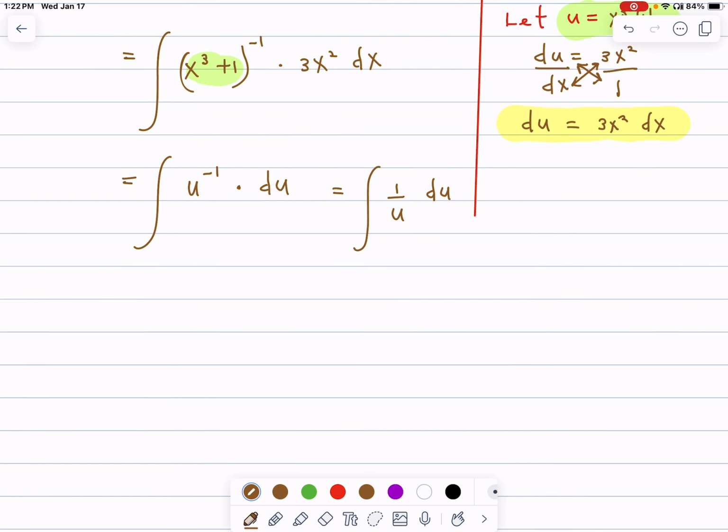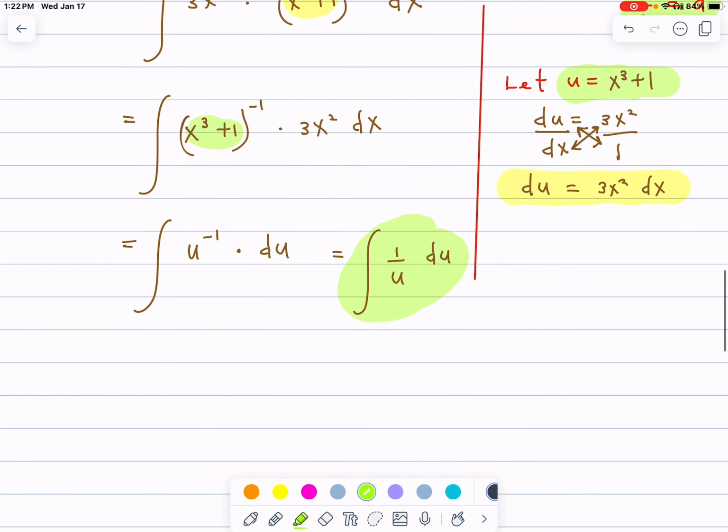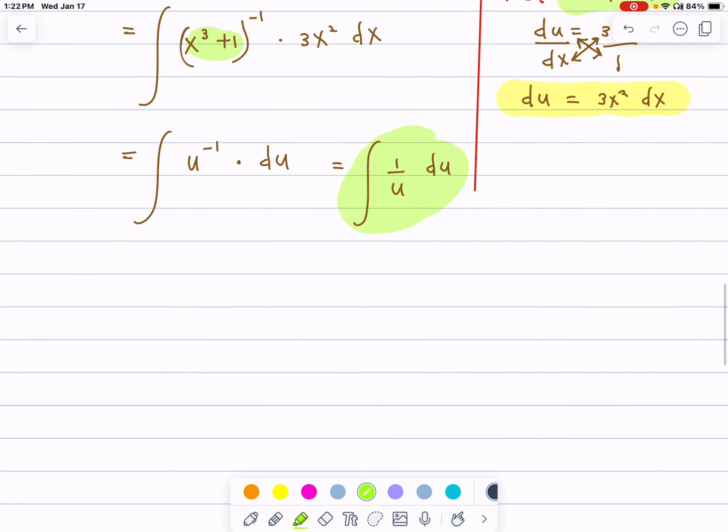Now, all the variables in this integral are in terms of u, and it's looking even simpler. So recall that the integral of 1 over x dx, I'm just going to write it by the side, is equal to ln absolute value of x.